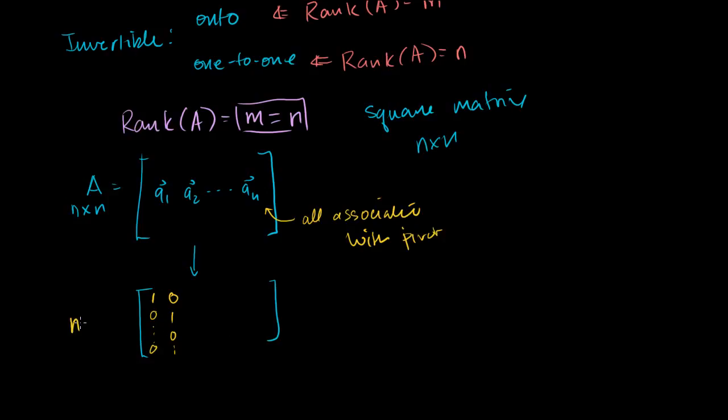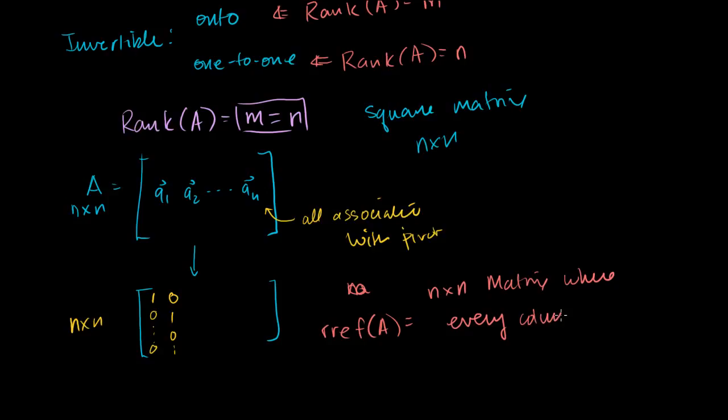It's an n by n matrix. So what is an n by n matrix where every column is a pivot column? Let me write this. The reduced row echelon form of A has to be equal to an n by n matrix, because A is an n by n matrix, where every column is a linearly independent pivot column.